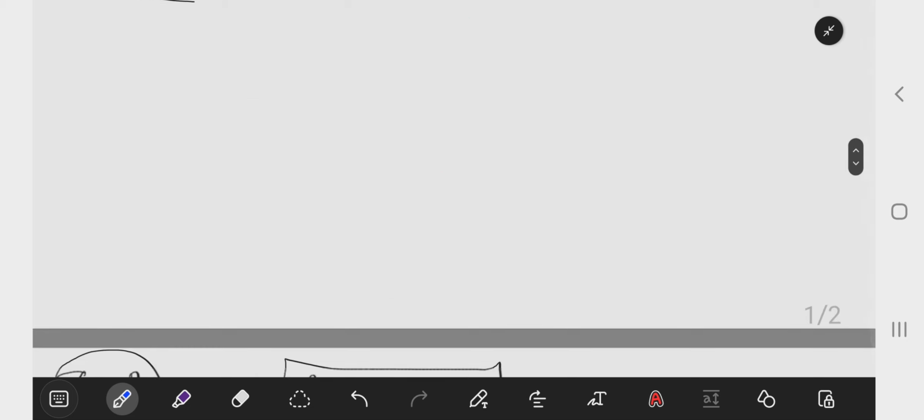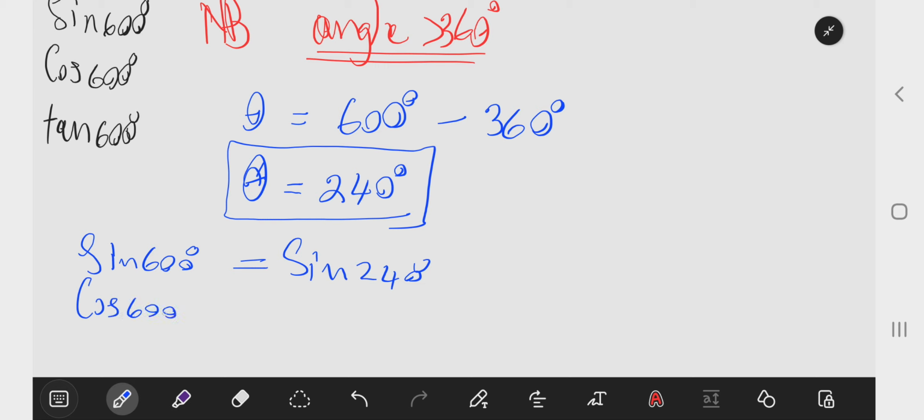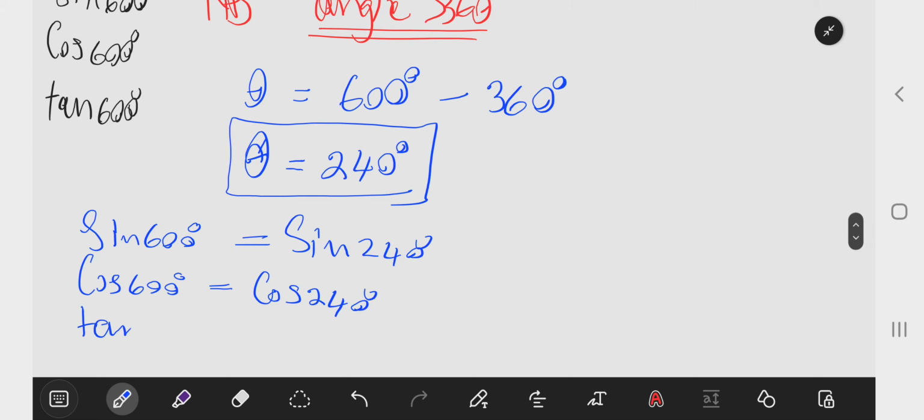So we see that we had 600, so it means sine 600 is equivalent to sine 240. The same applies to cos 600, which is the same as cos 240, and tan 600 is the same as tan 240.